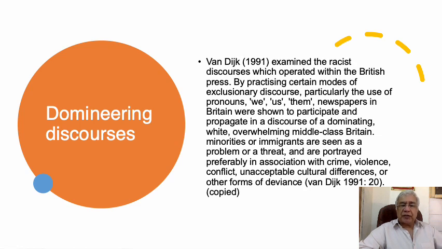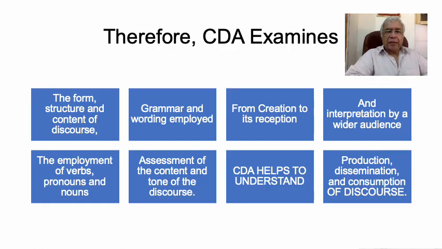So these discourses are very common in post-colonial studies as well, and have been very common in England, where the migrants and the minorities, for example, were declared to be them, and discourses were developed to show the people already present there as we. So in this way, the divide is created with the help of domineering discourses. That is done by Van Dijk, as he says in 1991.